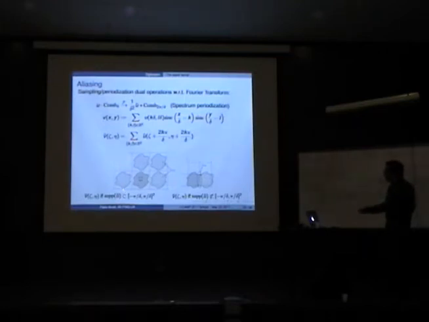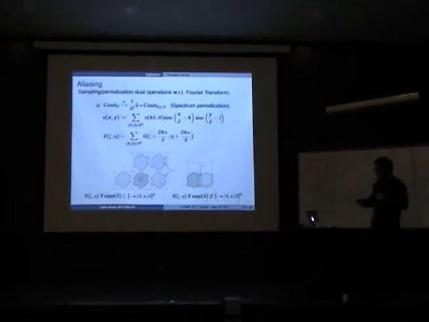This happens when the support of the image is in this range. So everything is fine. If you don't sample it fast enough, what you get is these superpositions here, which result from aliasing high frequencies from the original image to low frequencies in V. Okay?